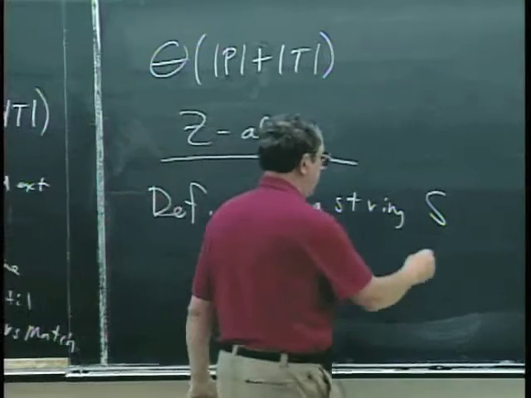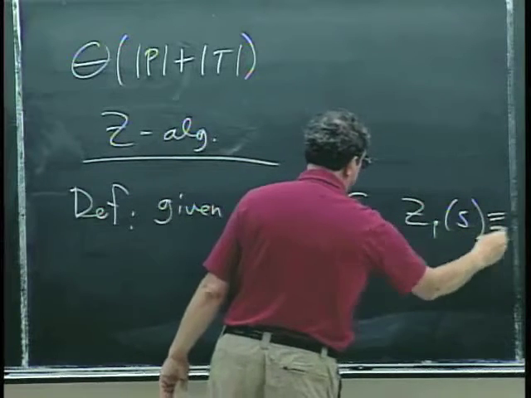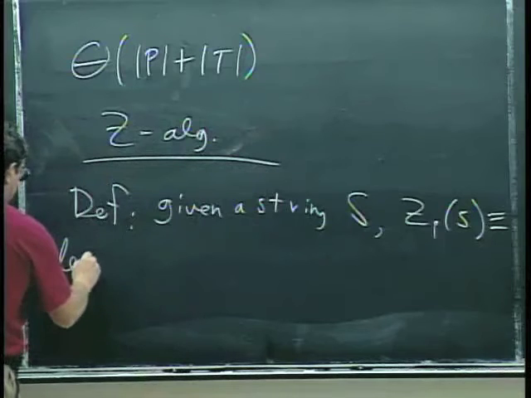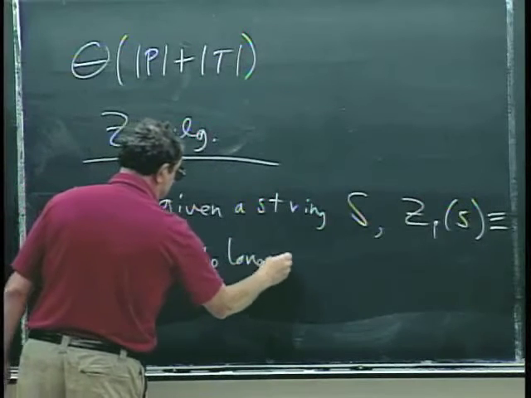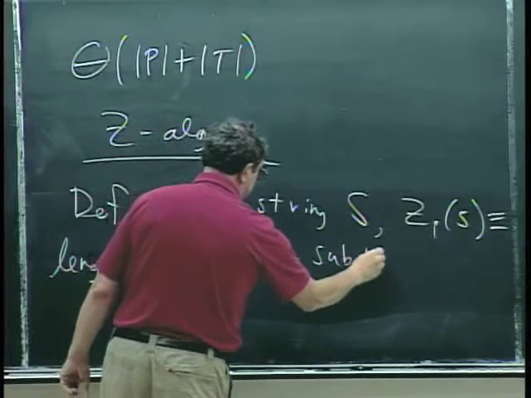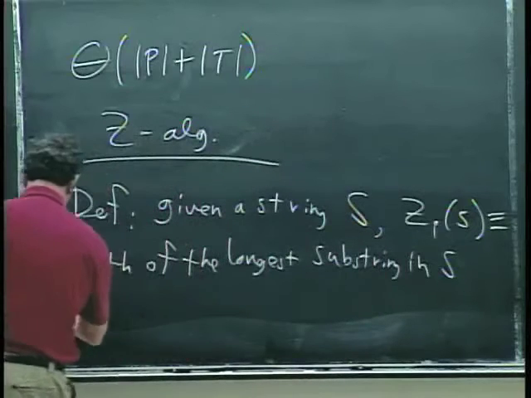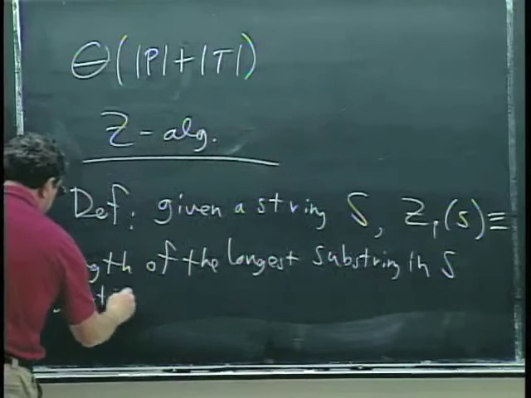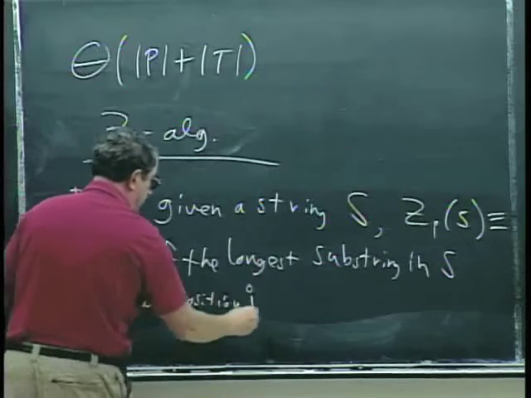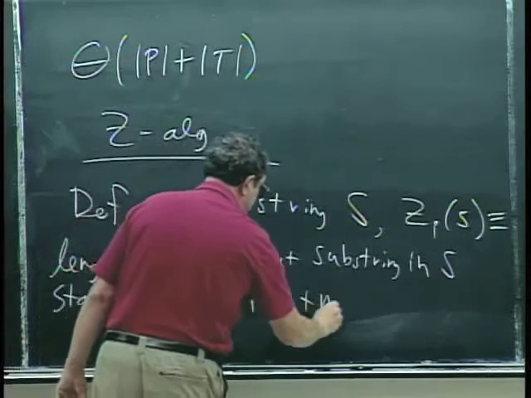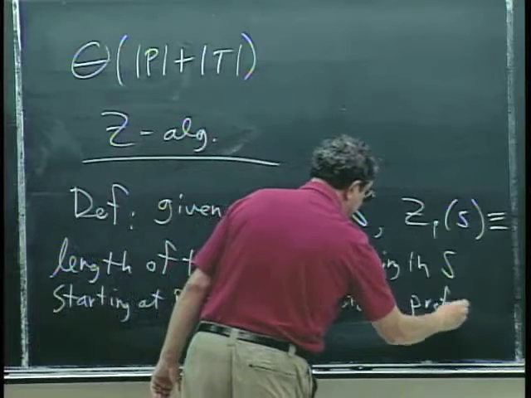But given a string S, Zi of S is defined to be the length, so it's a number, of the longest substring in S, starting at position i, that matches a prefix of S.